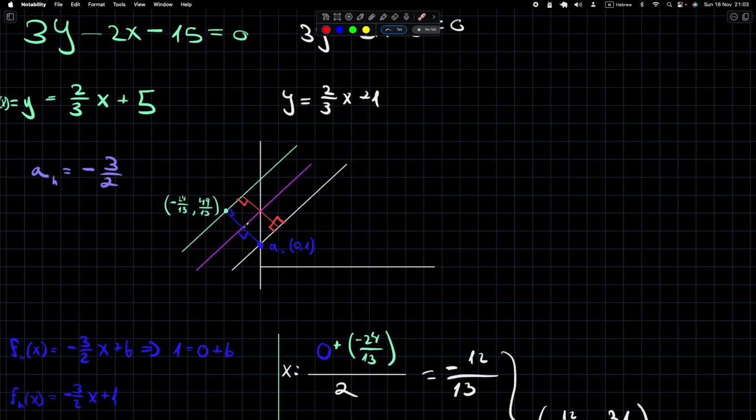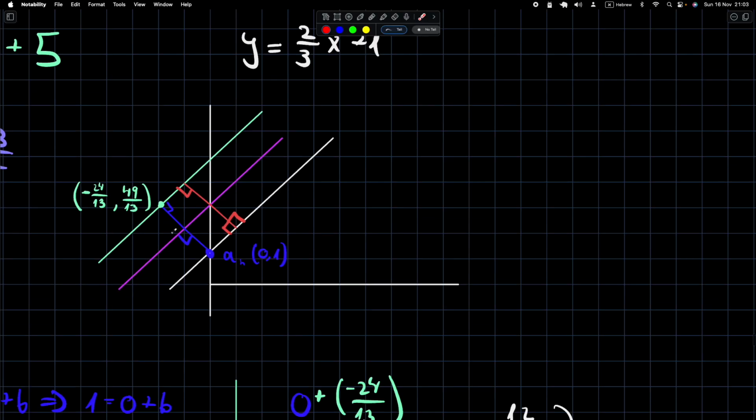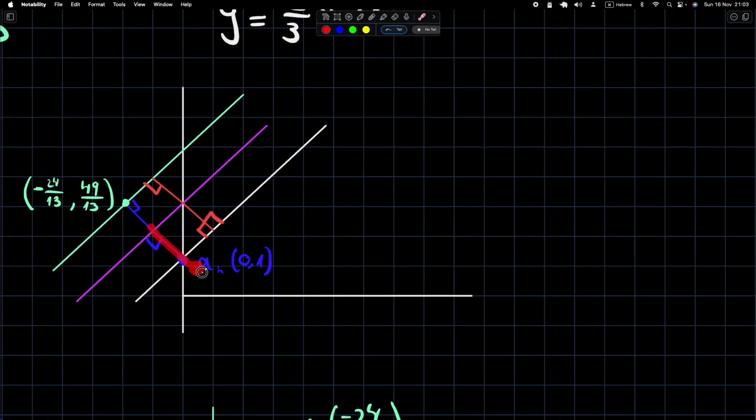Now I know the slope of this line, and I know that the slope of this one times this slope is going to be minus 1. If you don't remember this fact, it's because they have a 90 degree angle between them, and there is a theorem in math that says if two lines have 90 degrees between them, the product of the slopes is minus 1.